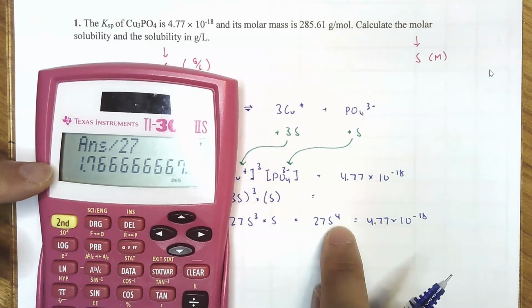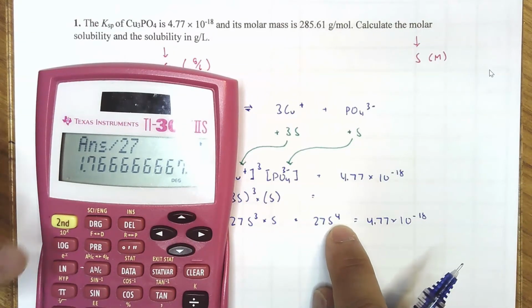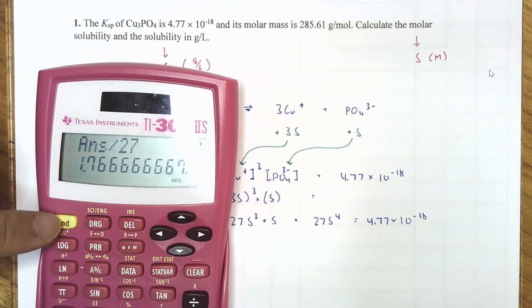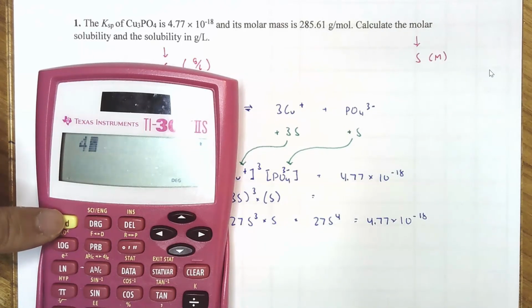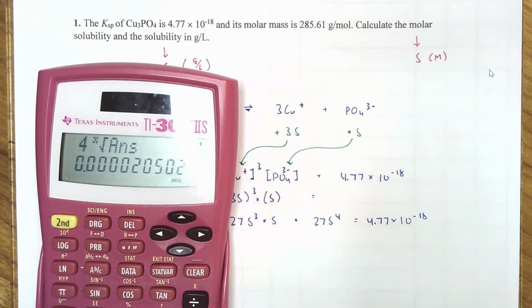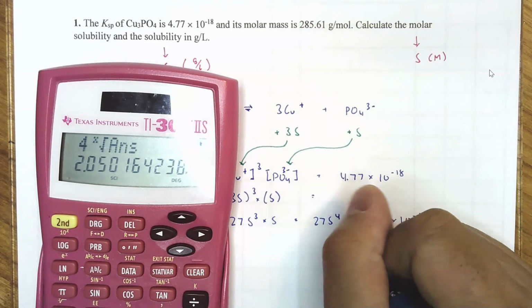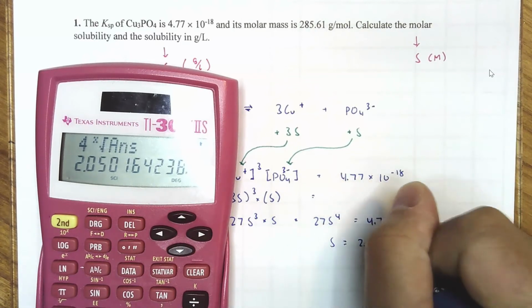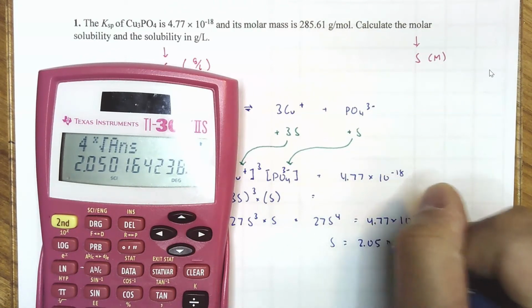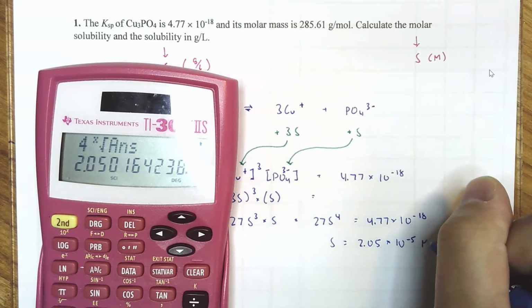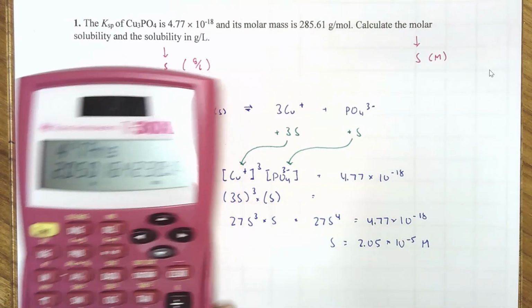And what I do with this, I'm not sure what it's called in math, but we're going to take that, and the answer. Okay, let's put it in scientific notation. S equals 2.05 times 10 to the minus 5 molarity. Okay.